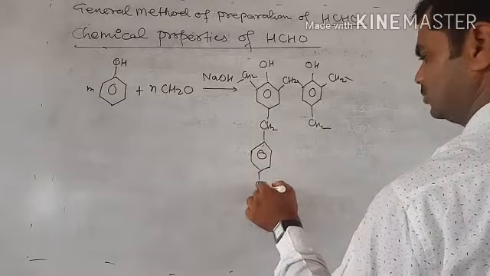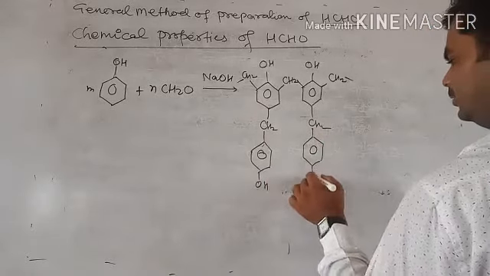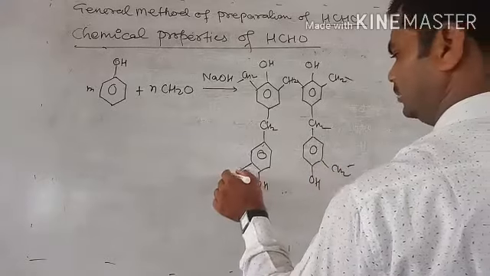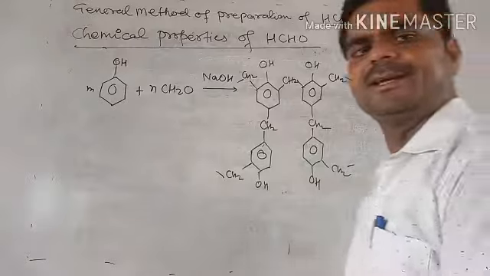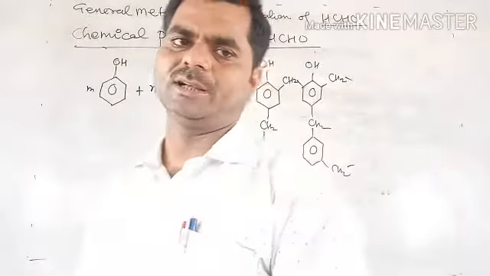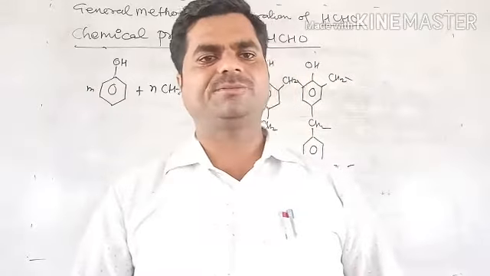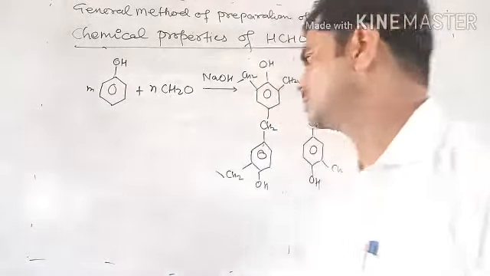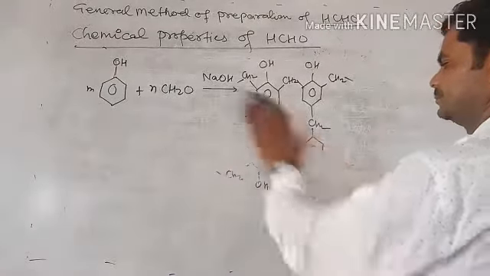This OH group and this also contain OH group, CH2 and CH2. Okay, that is the structure of bakelite. It is an important reaction when phenol reacts with formaldehyde to form bakelite. Okay, students, now note it.